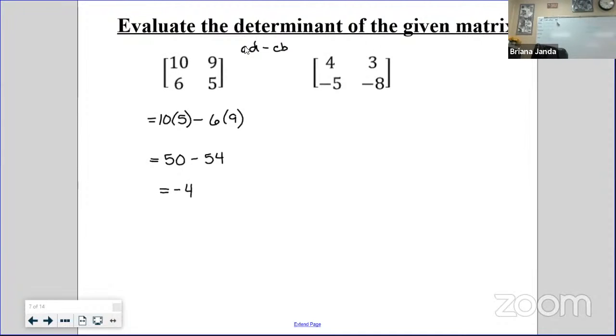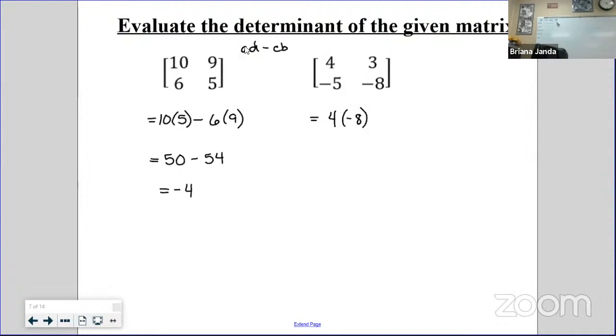Determinants can be fractions, they can be negative numbers, they can be 0. 0 is a number, okay? Understanding what the determinant gives us will mean something to us in a few minutes, okay? Let's try the second one.